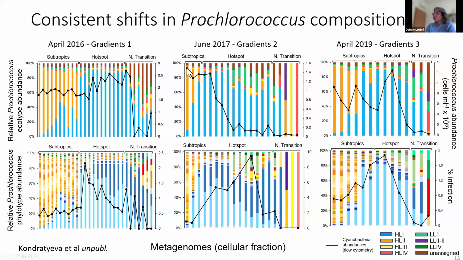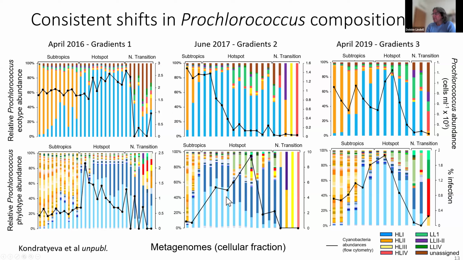And what I want you to notice is that we've got a decline in Prochlorococcus. Here we have a transition from the highlight 1A type to highlight 1B type that you can follow at the phylotype level, and you don't see that when you look at the ecotype level.